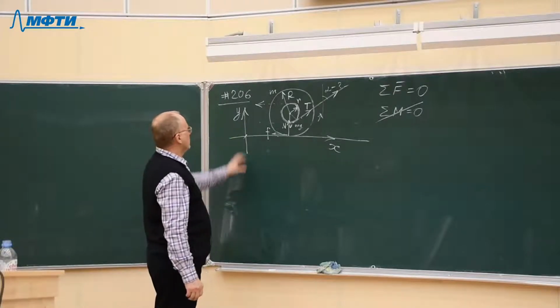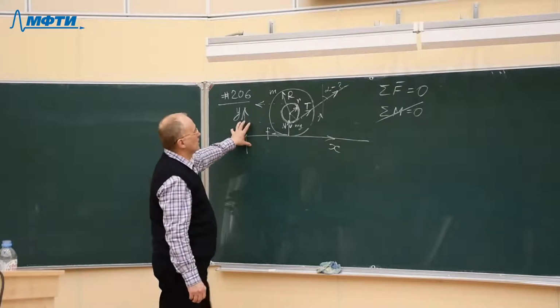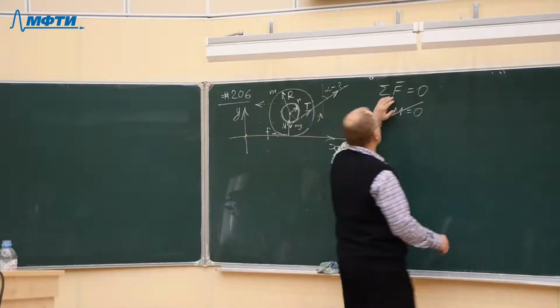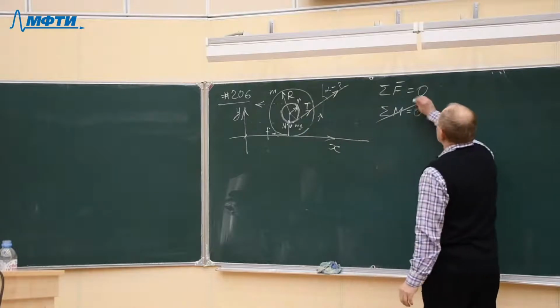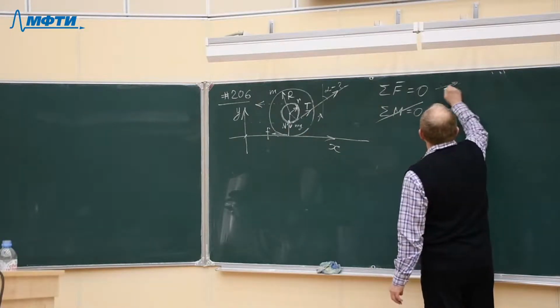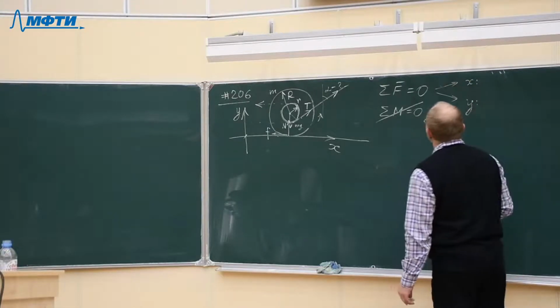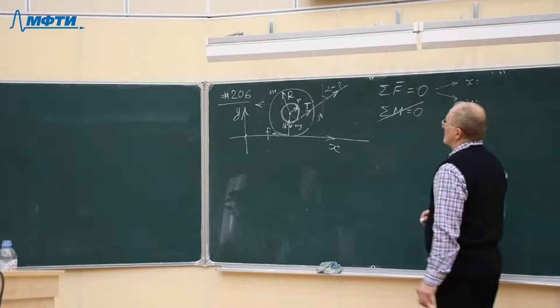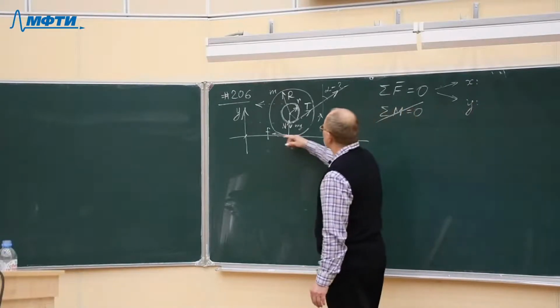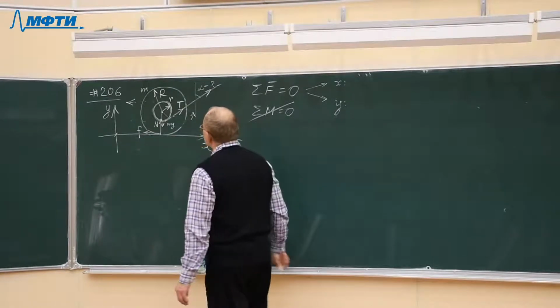And in this reference frame, we will consider the components of all forces, and we will write this condition for two components, for the x component and for the y component of each force. So let's consider the x component.